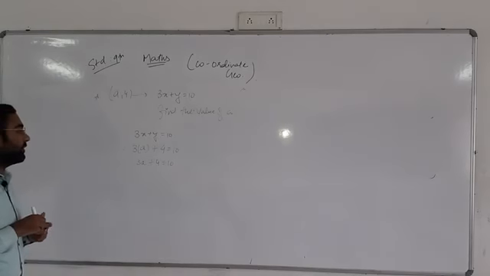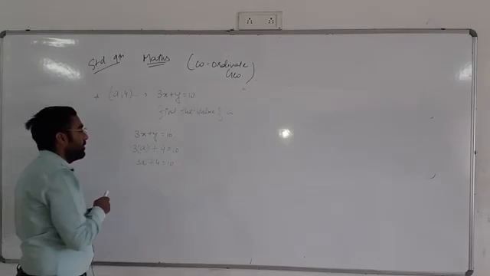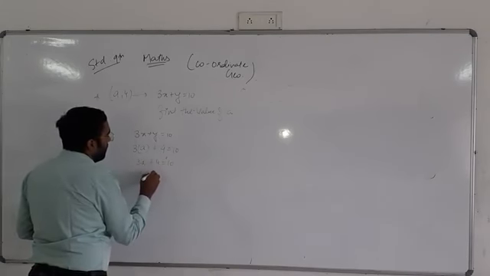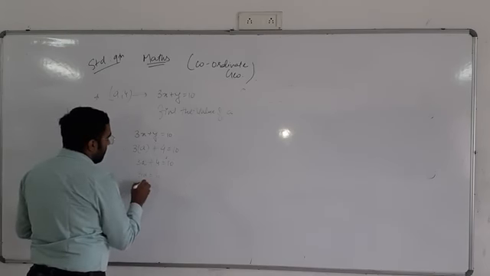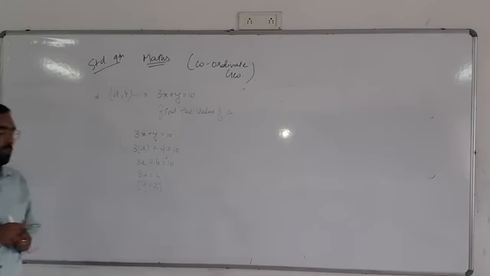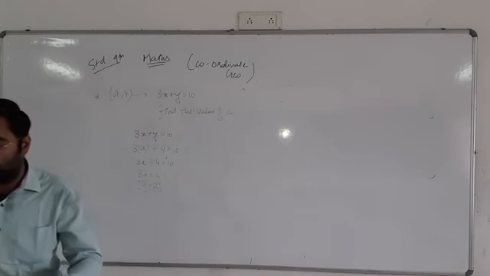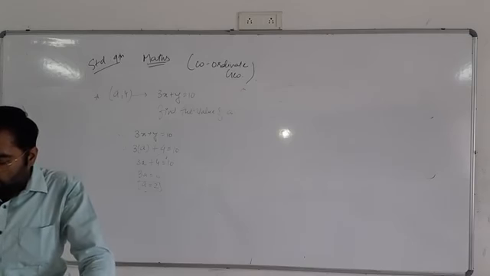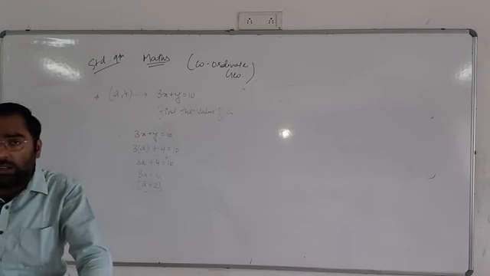Now shift 4 to the other side, so 3a = 10 - 4, that is 6. Therefore the value of a is 6 by 3, which is 2. The value of a is 2. Clear, students?